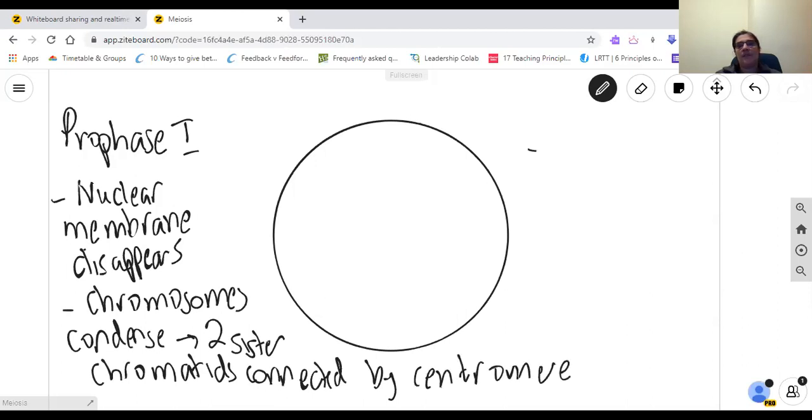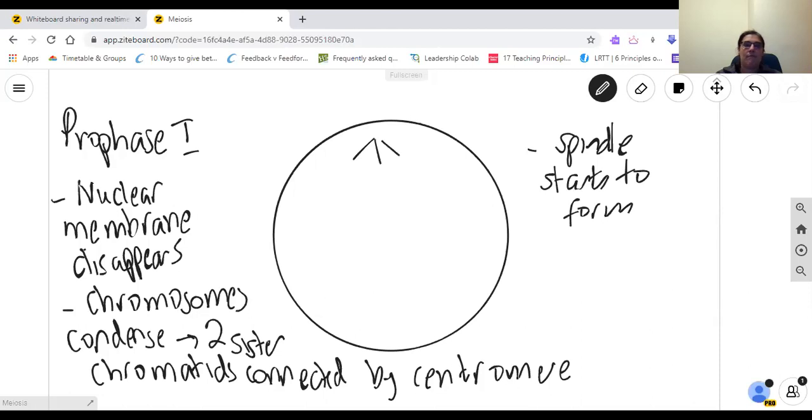The other thing that happens is that spindles start to form from the centrioles. So we'll put our spindle in, just beginning to form from our centrioles, which are over there.